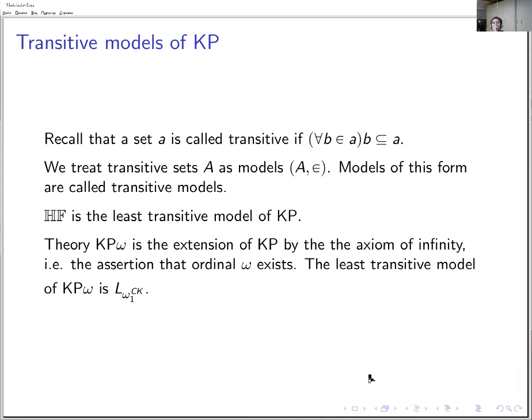From this, it would be possible to cook up a sigma 1 predicate definition for the property of a recursive ordering being well-founded, and this of course couldn't happen. This is how you show that L omega 1 Church-Kleene is a model of KP omega. There are some details, but this is the idea.